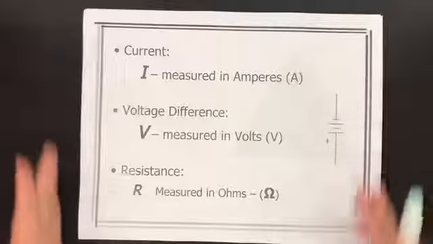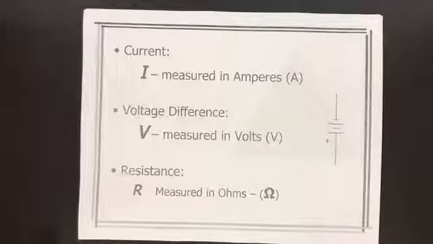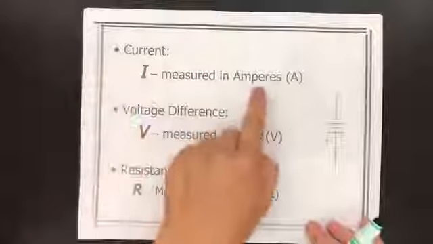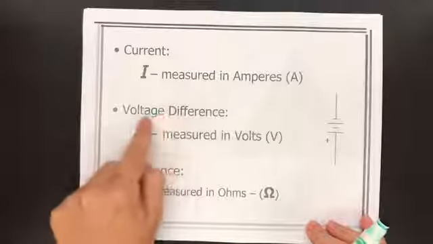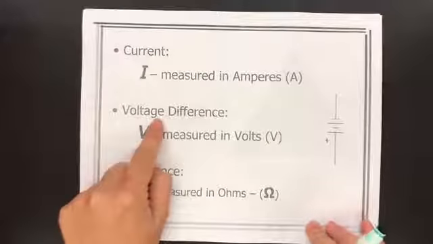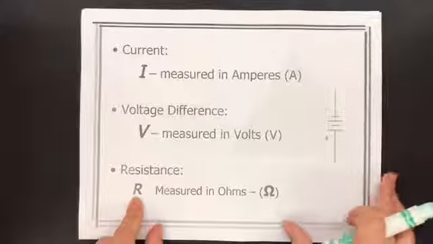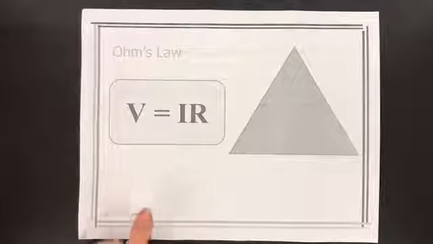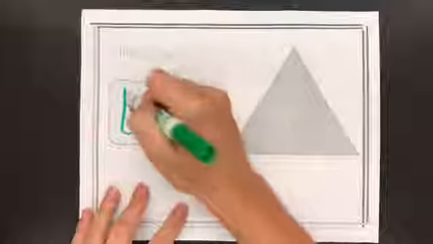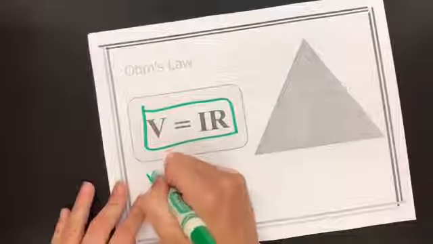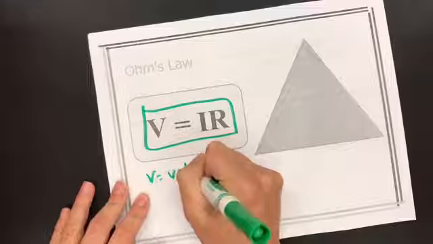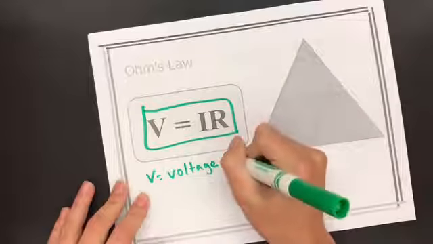This summarizes everything that I've talked about with what the letters mean. So I is your current. It's in amps. Voltage difference, same thing as potential difference, is in V. Resistance is R. Okay? So this brings us to our formula right here. V is voltage or potential difference.